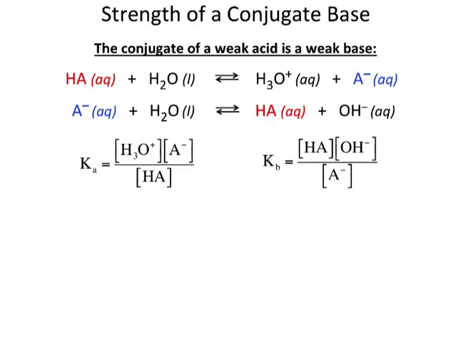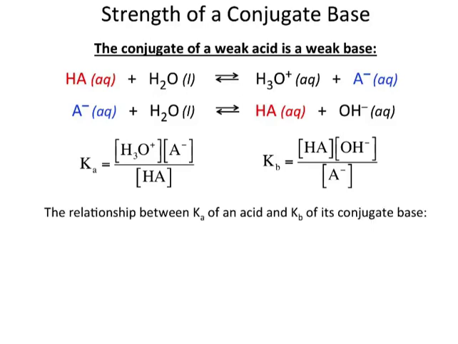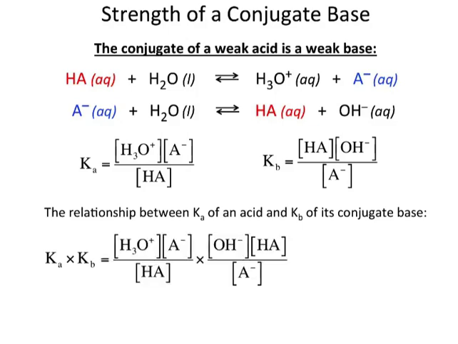So now what's the relationship between these two? Well, let's try multiplying them together. I kind of know what the answer is, so that's why I know to multiply them together. So we take the forms of both of these and put them next to each other with a multiplication sign. Now the A-'s cancel, and so do the HA's.